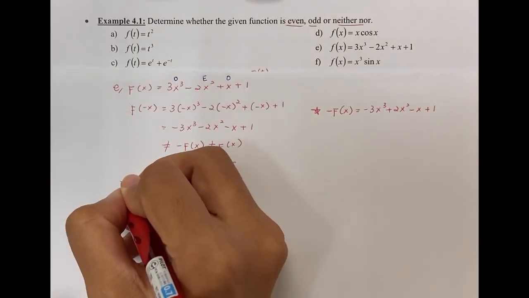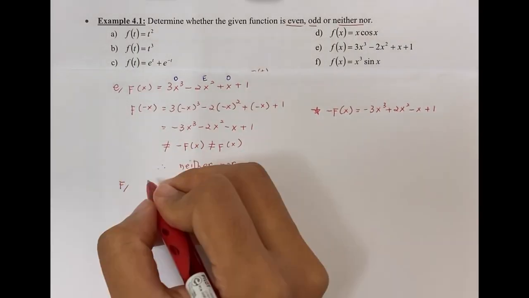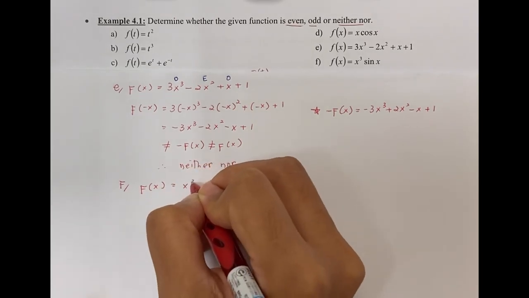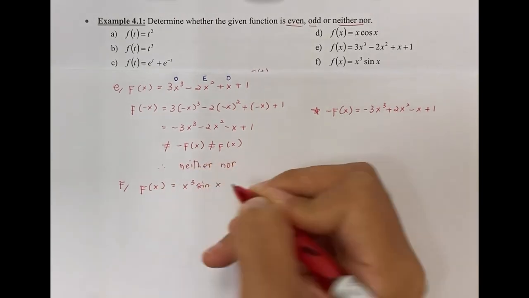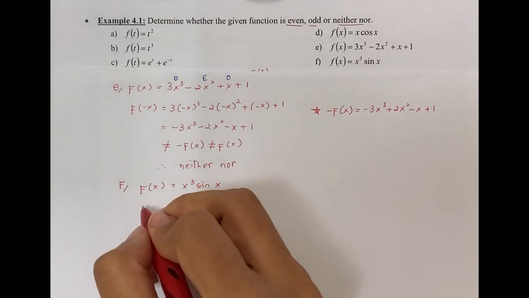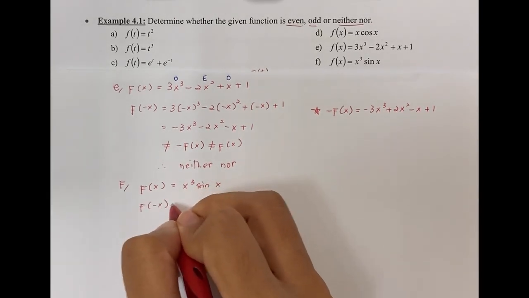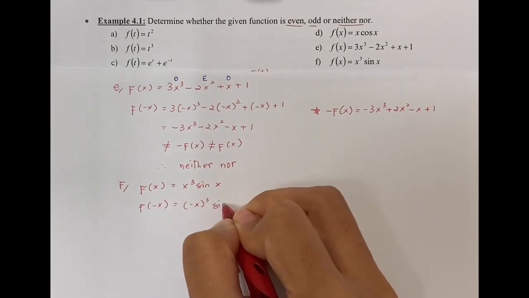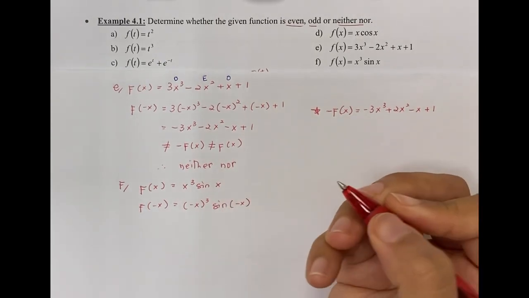Last, when you have f(x) equal to x cubed sine x. f(negative x) is equal to negative x cubed sine negative x.